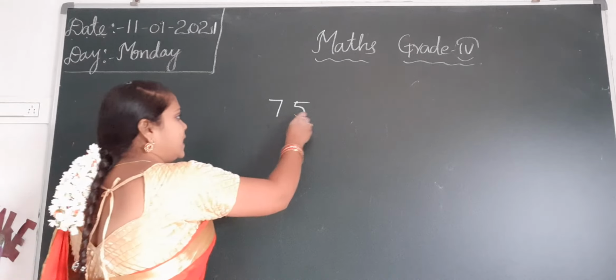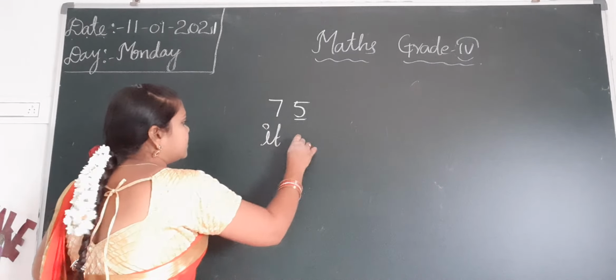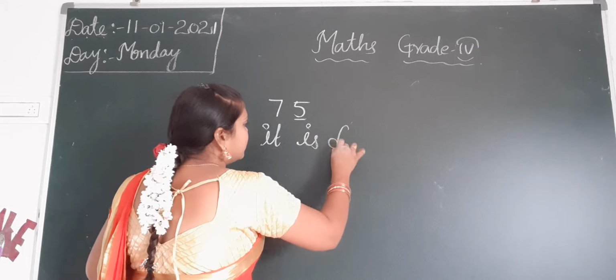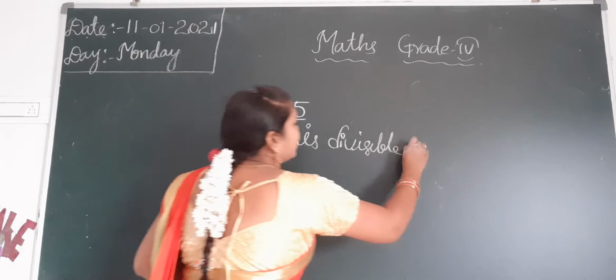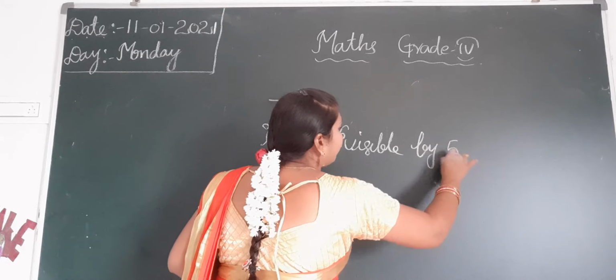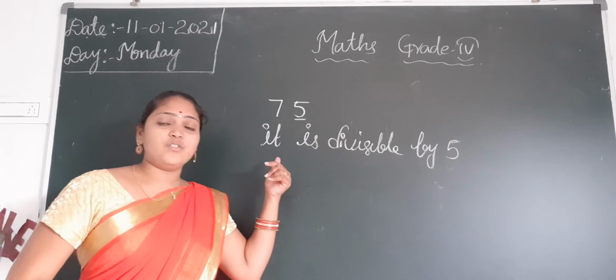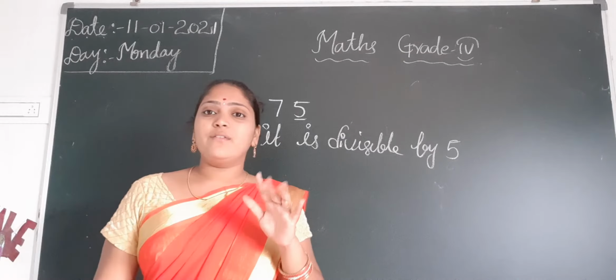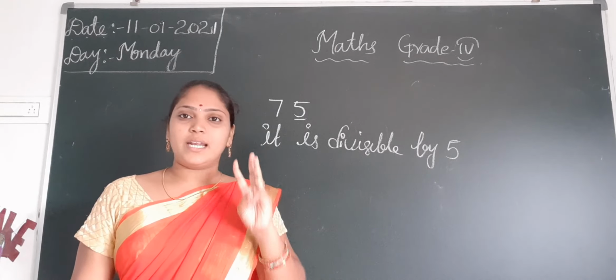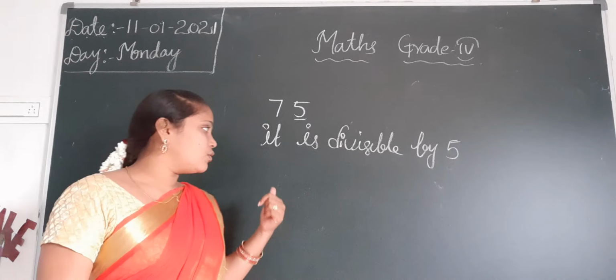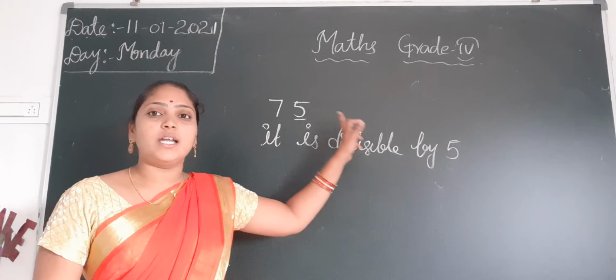The number is ending with 5, so it is divisible by 5. Is it divisible by 10, children? Everyone check whether the numbers are divisible by 2 or 5 or 10 or not. Otherwise you have to write like this, children. First check the number 2.